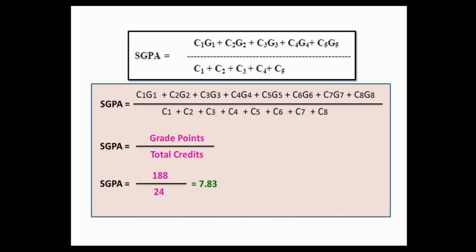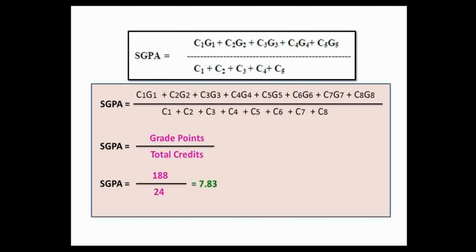So let's move further towards the formula. This is the general formula, which is further derived for semester 3, which contains a total of 8 subjects. Hence the credits we have to consider are from C1 to C8 and the grade points from G1 to G8. We have already calculated these credit points and grade points, so place the values over here. The formula becomes total grade points divided by total credits.